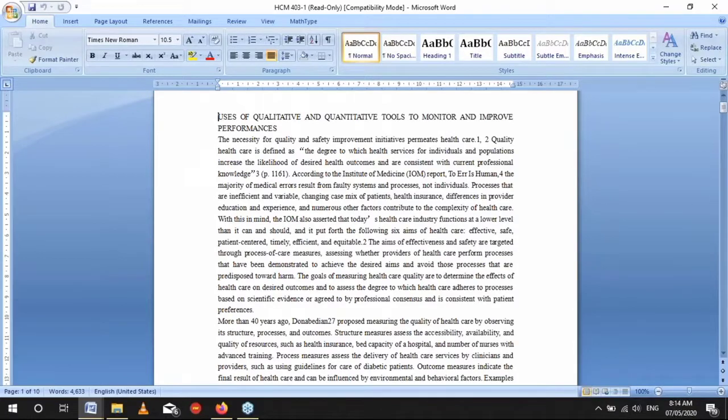Just note this: ways of facilitating clinical decision making and patient-centeredness in healthcare.